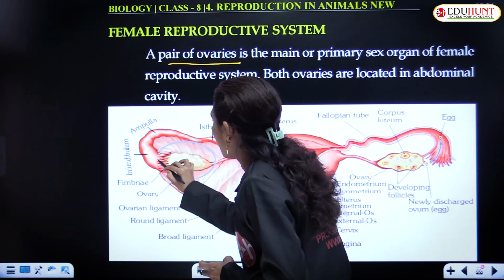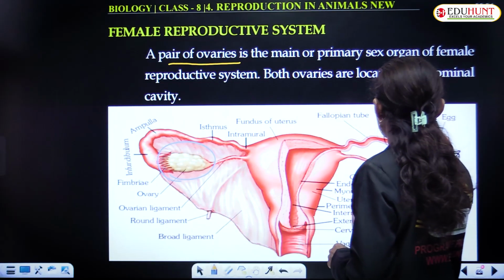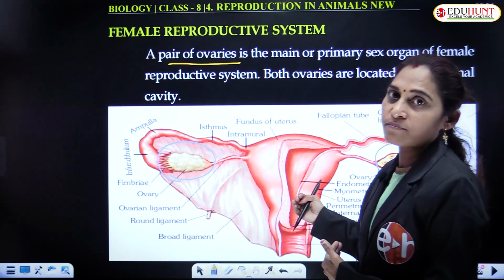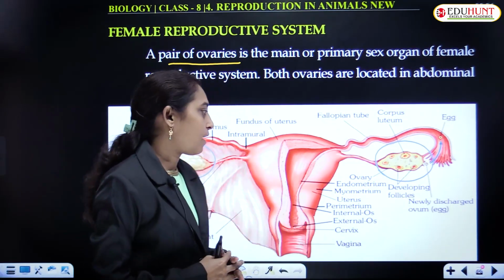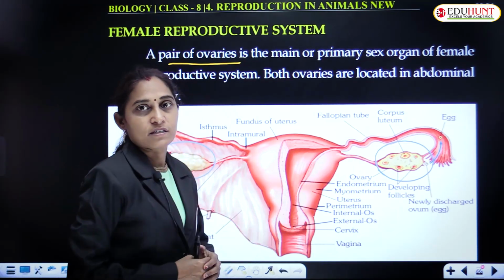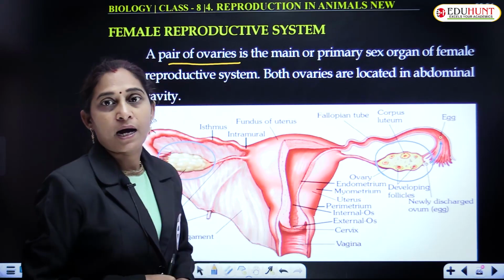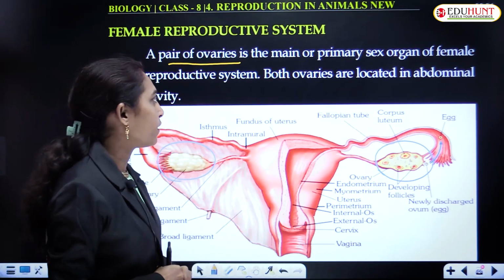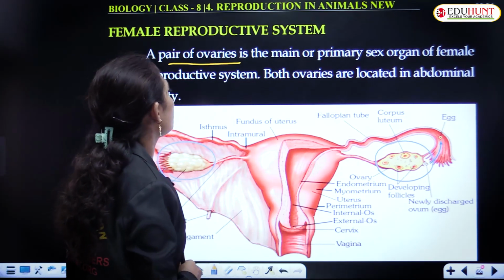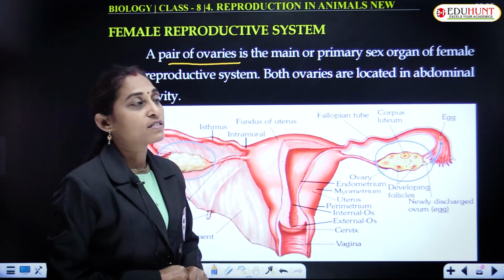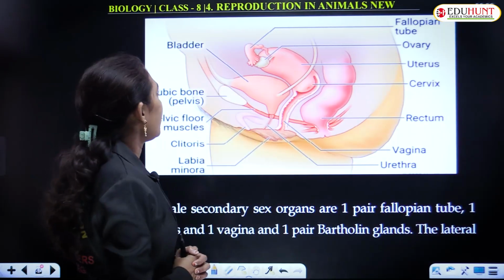This is the ovary. It is a sectional view of the ovary. There are a pair of ovaries present in the lower abdominal part of the female body. These are the primary sex organs of the female individual, and both the ovaries are located in the abdominal cavity.